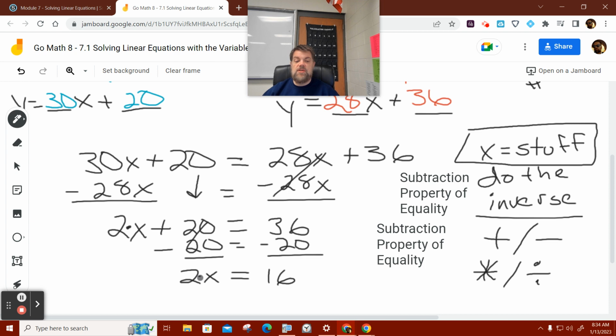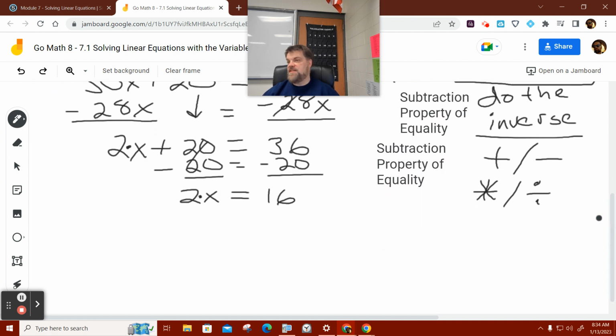Now, what is the 2 doing to the x? Dividing. I need to move the 2 away. Well, no. It's not dividing, guys. You've got to listen to the question I'm asking. What does 2x mean? Well, a couple of people said dividing. Some people said multiplying. So it's definitely multiplying. What's the inverse of multiplying?